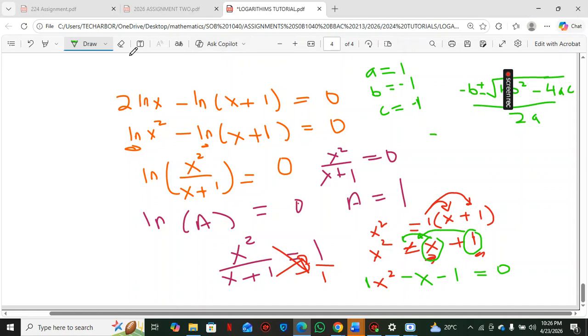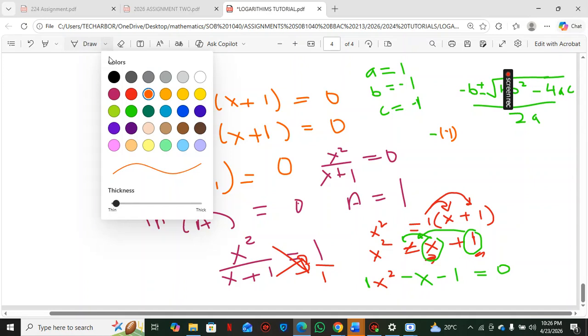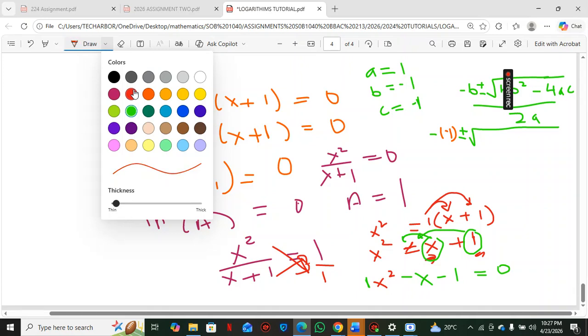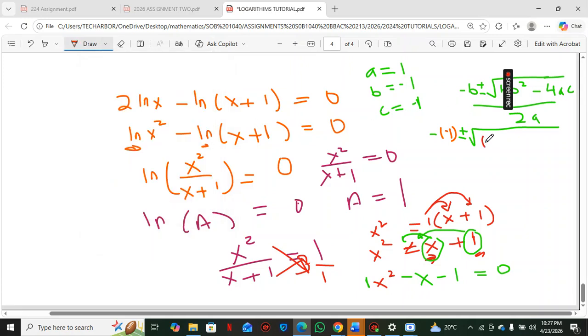So we say negative b, b is negative 1, so negative negative 1, plus or minus the square root of negative 1 squared, minus 4 times a, which is 1, times c, which is negative 1, so 4 times 1 times negative 1, over 2 times 1.